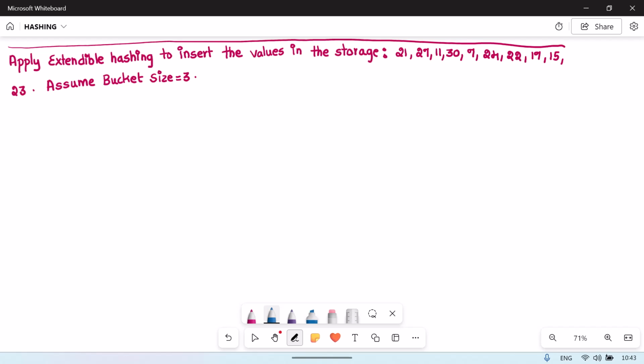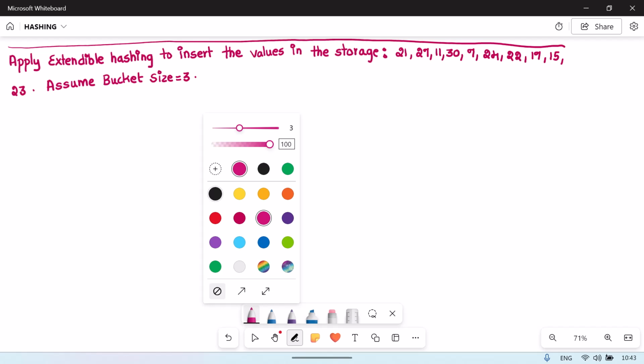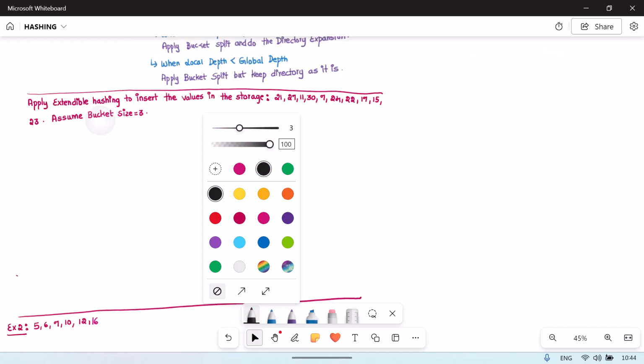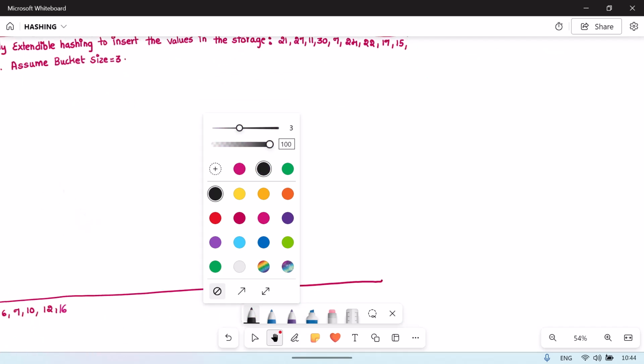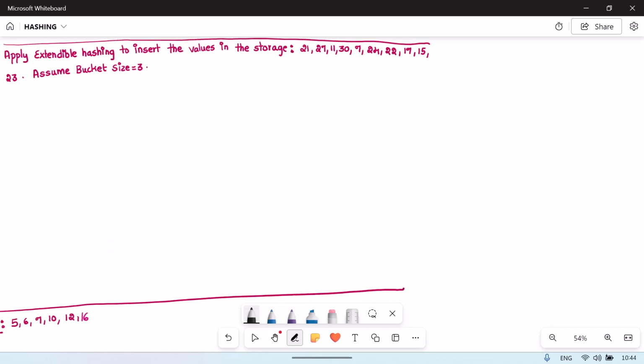Now you will have to apply the concept of extendable hashing. When you get a question like this, in case of extendable hashing, in step one, you have to get the binary numbers of each value.